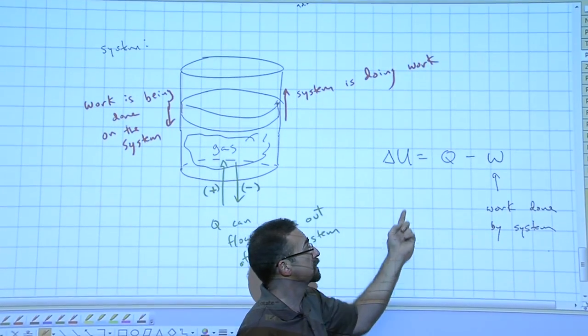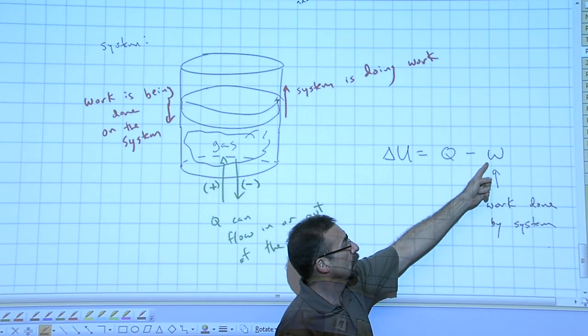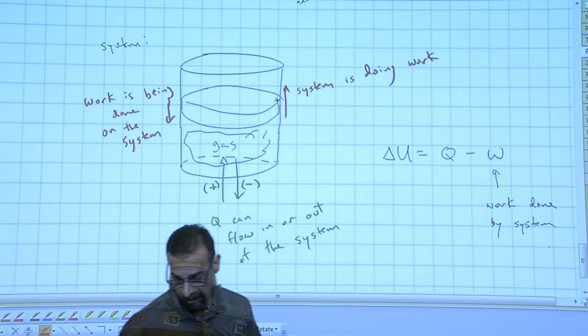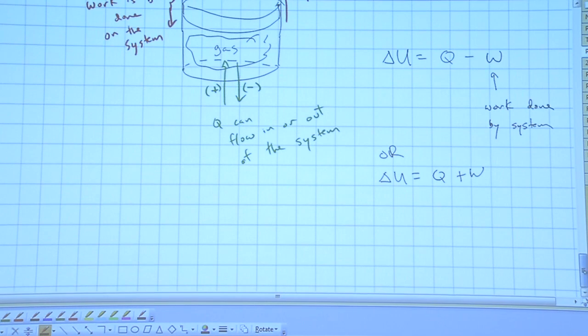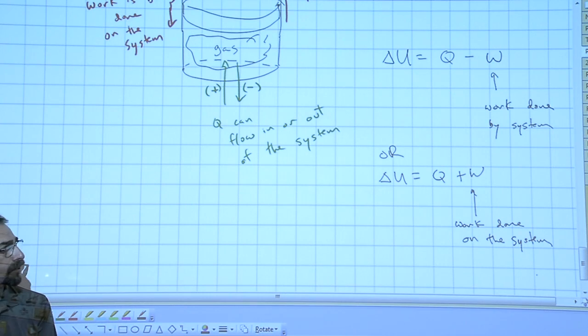The system's energy is increasing if we are doing work on it. So in that case, you'd have a plus sign here. I'll just write it below here. Work done on the system, work done by the system.